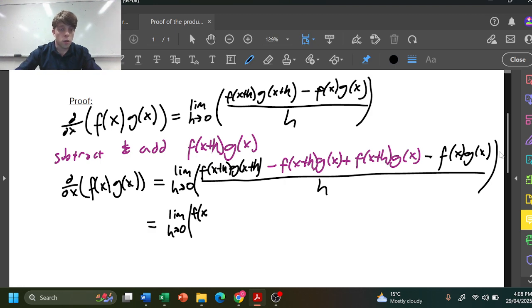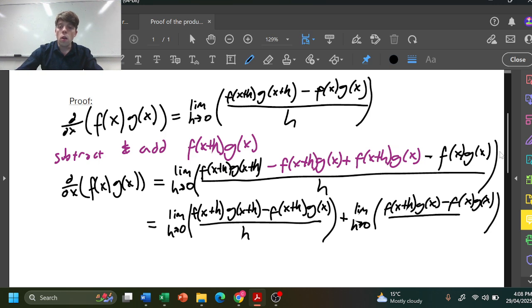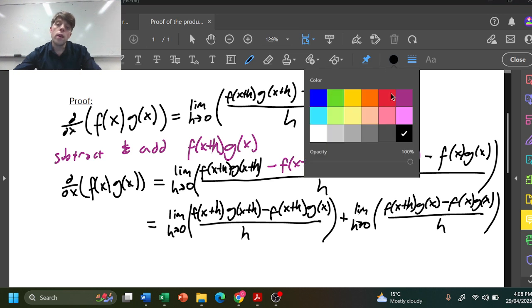If we take the first two parts of this numerator, f of x plus h times g of x plus h, minus f of x plus h times g of x over h, plus the limit as h goes to 0 of f of x plus h times g of x minus f of x times g of x over h. And the reason why I have done this is because we can then do a few more tricks.